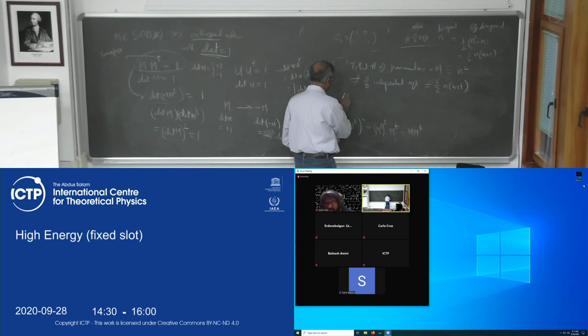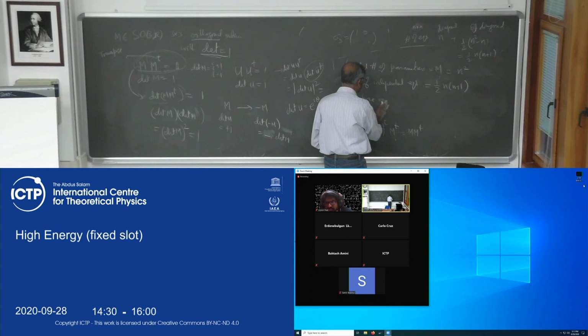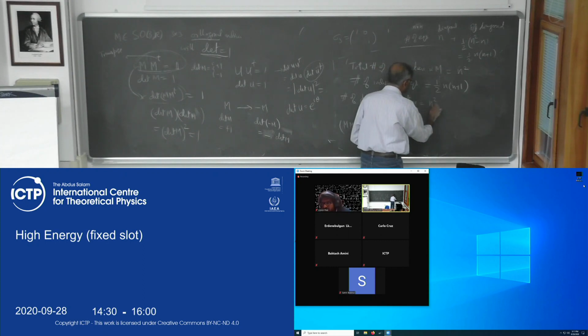So the number of free parameters after solving this equation will be the difference, equal to n squared minus half n times n plus 1, which is half n times n minus 1.